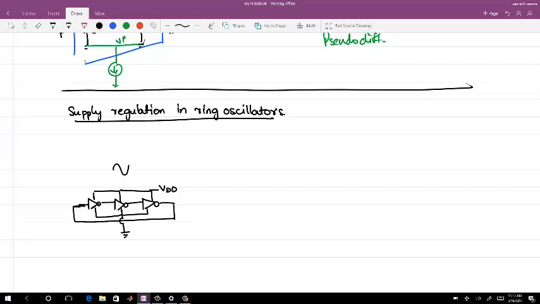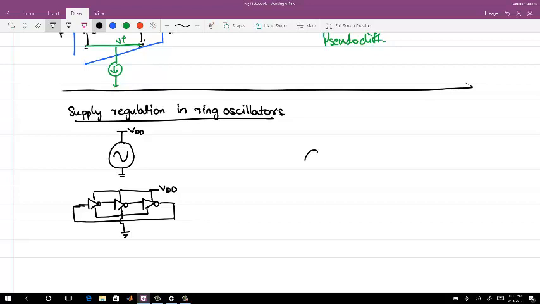Okay, so let me, because I'm going to use this simple block, this is VDD of the VCO, and this is ground. So this is the model I'm going to use. Now I want to control the supply of this regulator so that I reduce the noise.